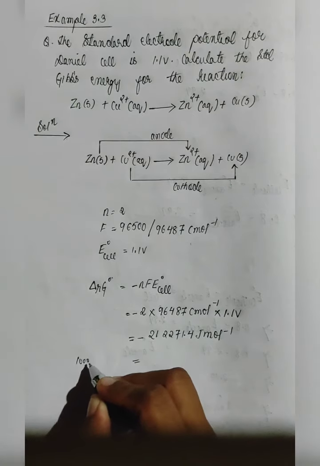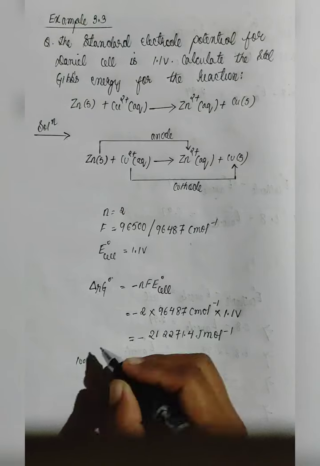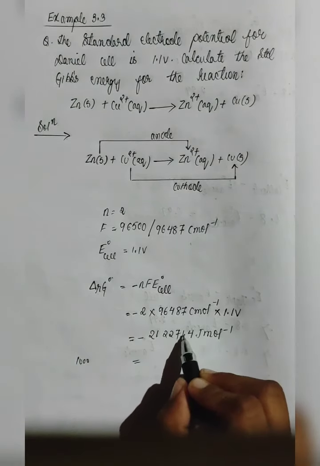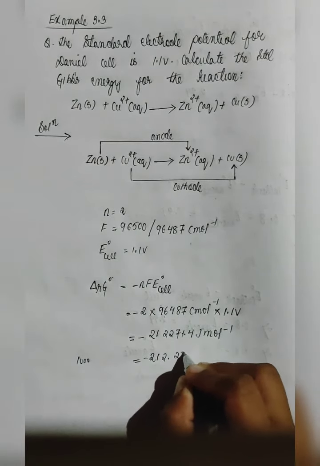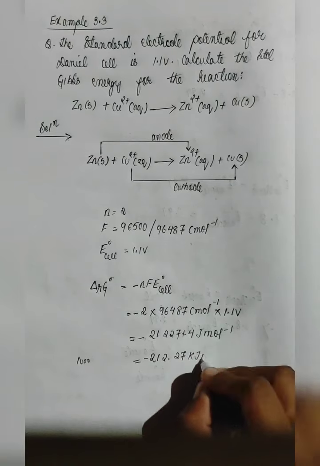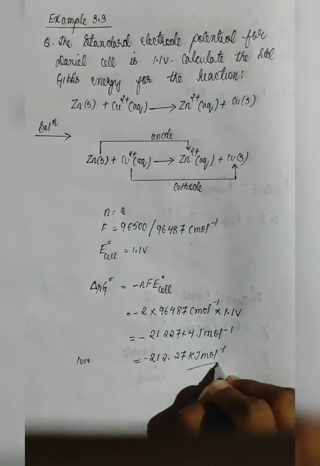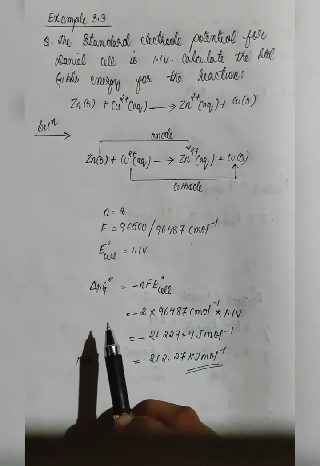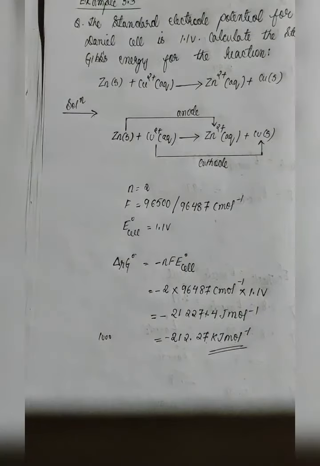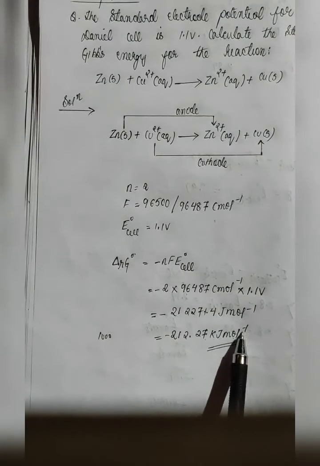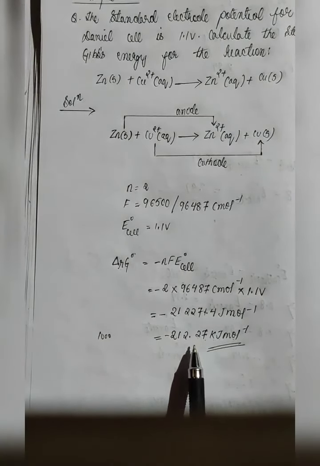To convert it into kilojoules, we will move the decimal point by 3 places. That means it will be 212.27 kilojoules per mole. So this is how we calculate the Gibbs energy for the given reaction. Kilojoule per mole is the unit of Gibbs free energy change.